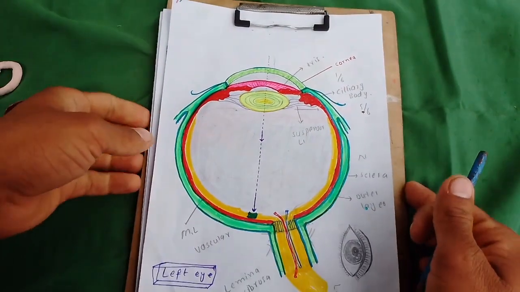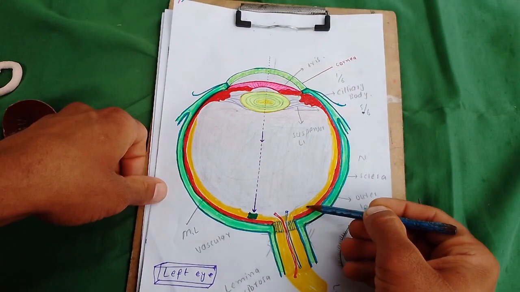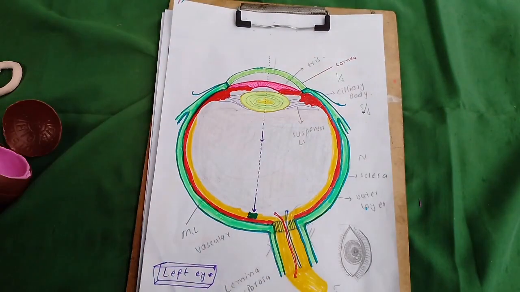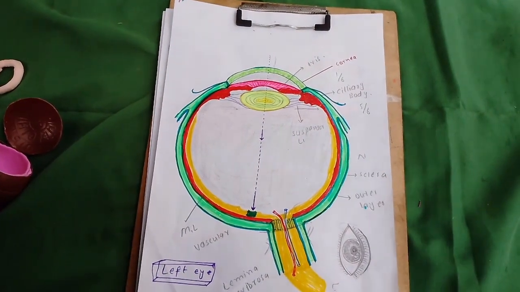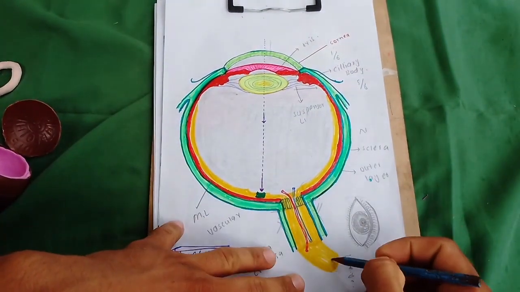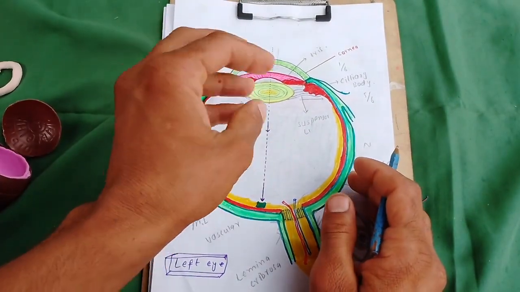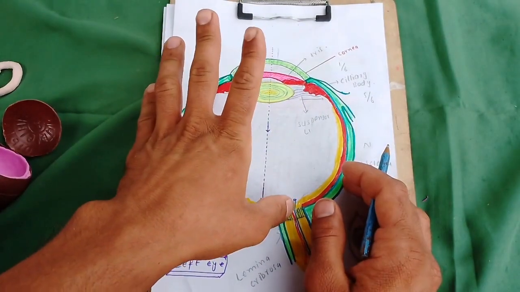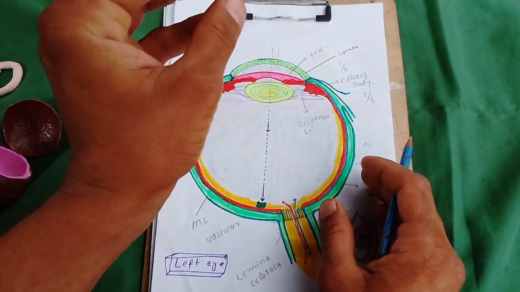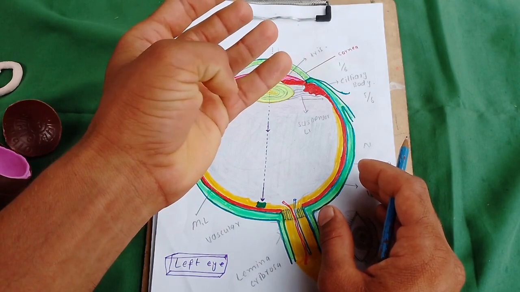Okay, so this layer, as you can see here, is called the retina, the yellow color. This is the optic nerve. This layer consists of the rods. I do not explain the retina in big detail, because I will discuss it in detail in the next class, the phototransduction class.